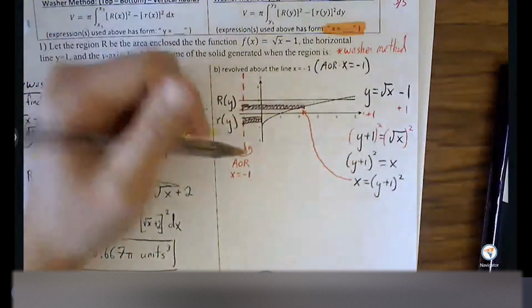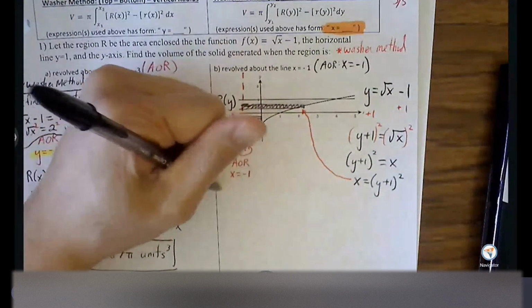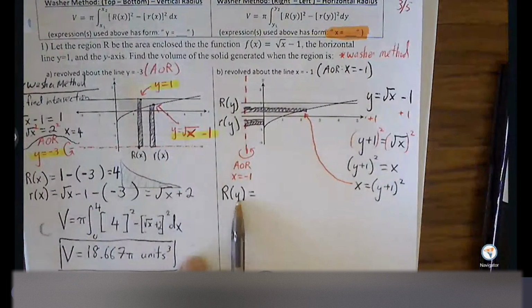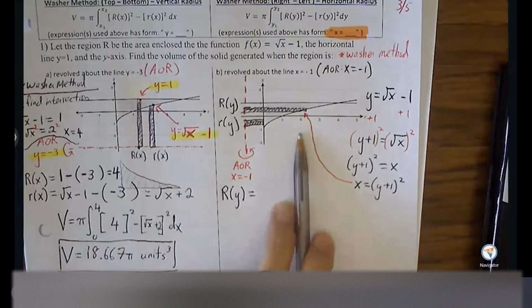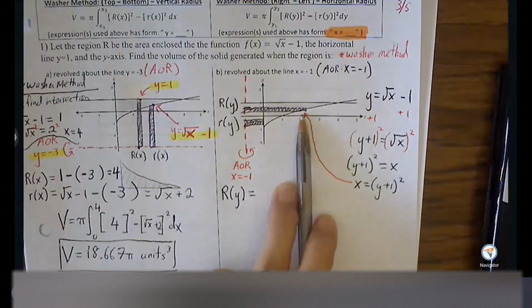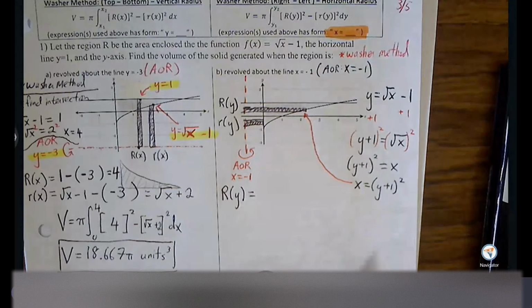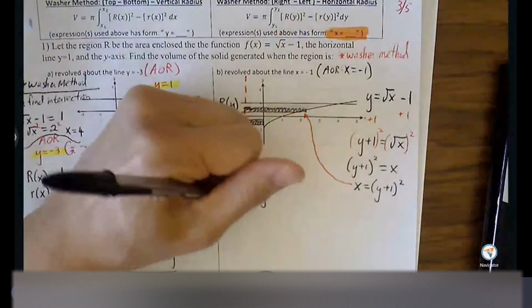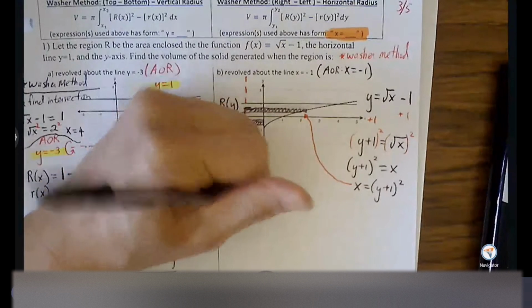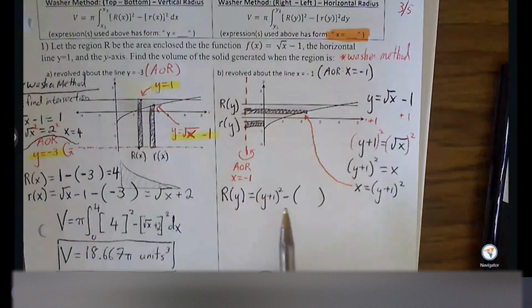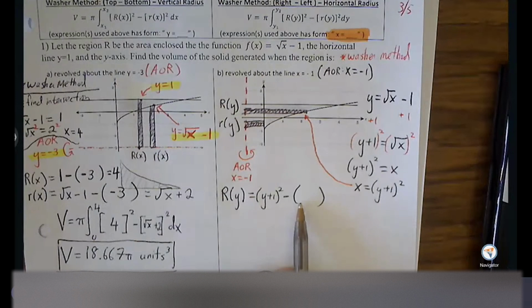If we're missing anything, we'll catch it when we build our radius, but let's build our radius and see if we need anything else. So right minus left. What's the right endpoint of my big radius sitting on? Y plus 1 squared. Minus parentheses, always protect your bottom or your left equation in a set of parentheses.